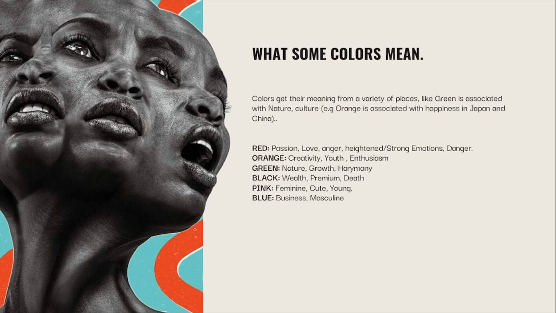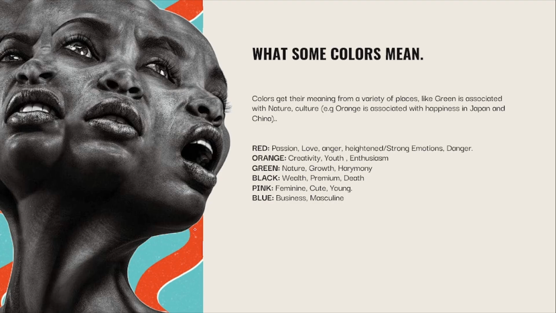For example, culturally for Africans, Nigerians, even in most parts of the world actually, white signifies peace, something good, something clean, and then you see the color black. Color black sometimes represents premium, but in contrast to white, it actually can signify death, can signify something dirty. So culturally, color can change too.